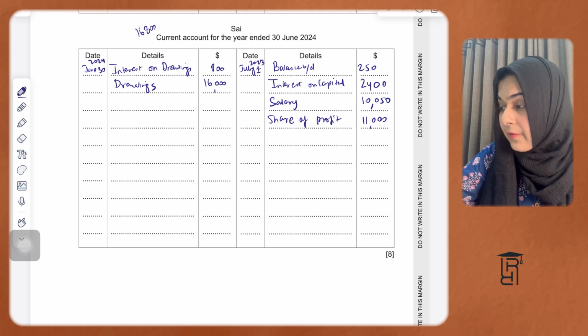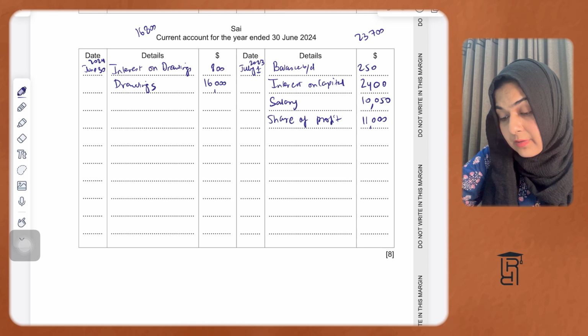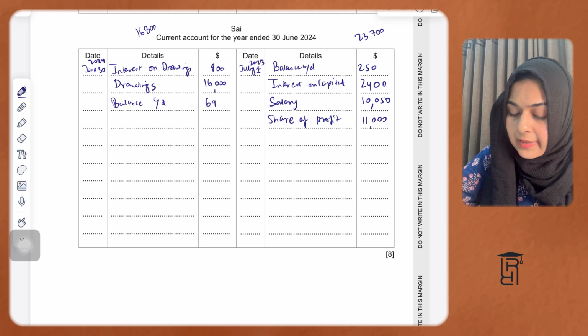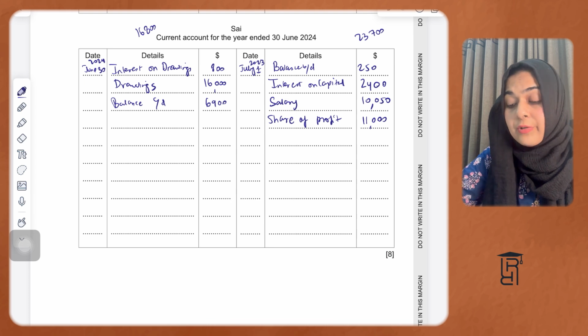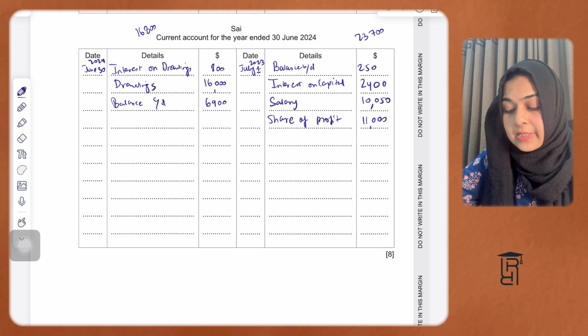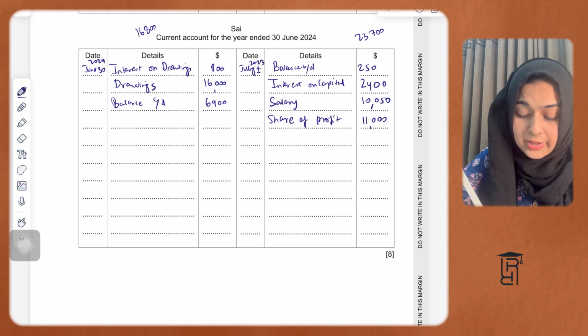The credit side is 23,700. So I'll get a balance carried down of 6,900. How did I get it? 23,700 minus 16,800 gives me 6,900, which is my balance carried down. I'll write June 30.